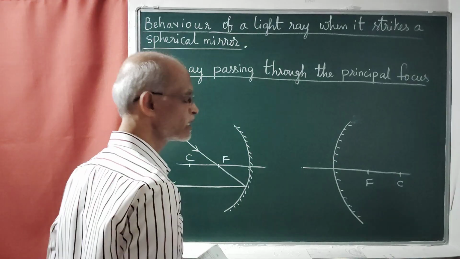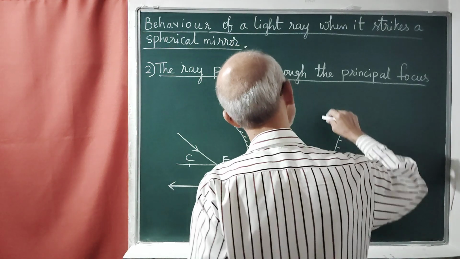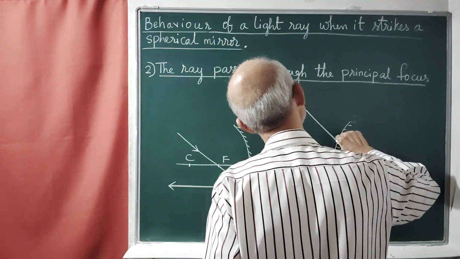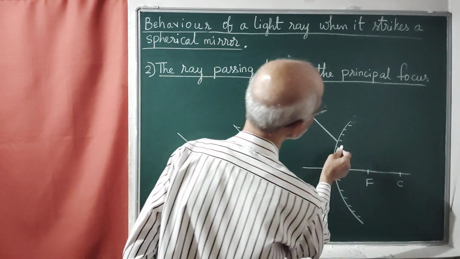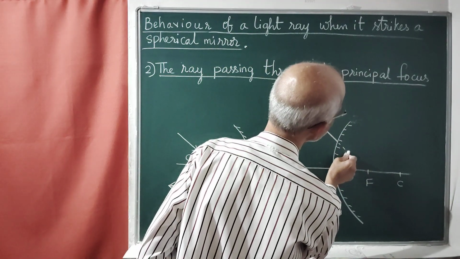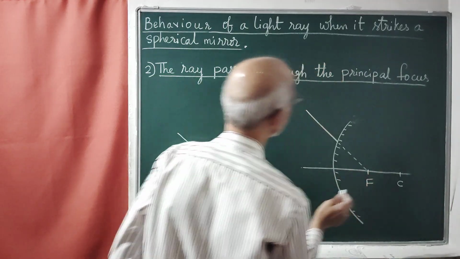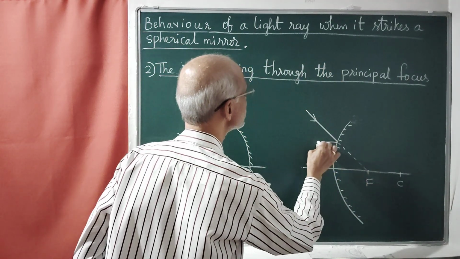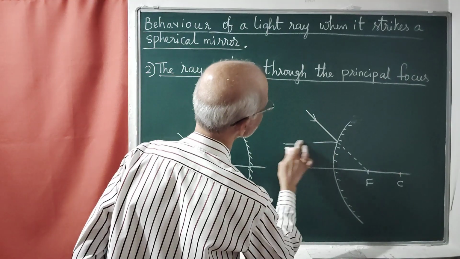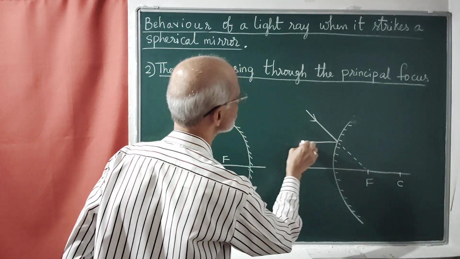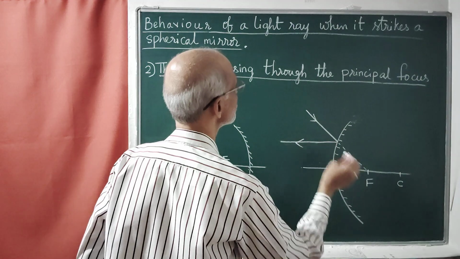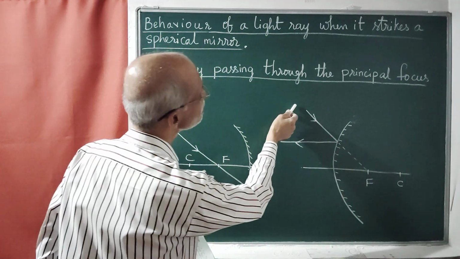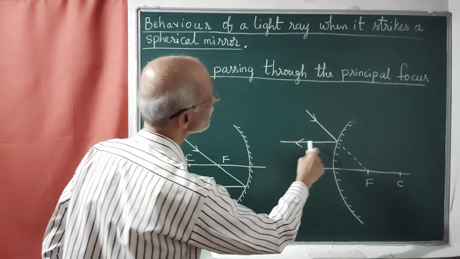Here, the ray that is directed towards the principal focus, after reflection, will become parallel to the principal axis.